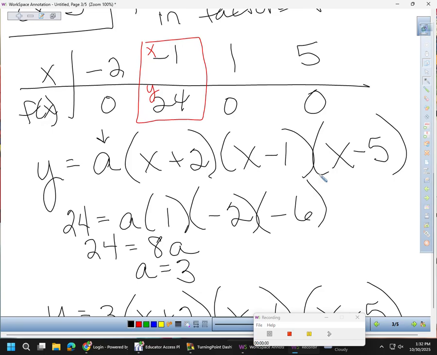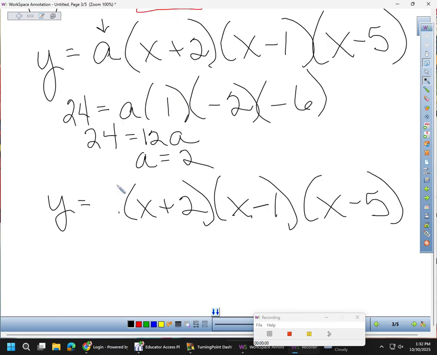Oh, sorry, guys. Yeah, I obviously can't multiply very well. 1 times -2 times -6 is -12. Yeah, I multiplied wrong. So this is 12a. I divide by 12, and a is 2. Thank you. So this obviously is a 2 in the front. Thank you very much, Marissa. I appreciate that.